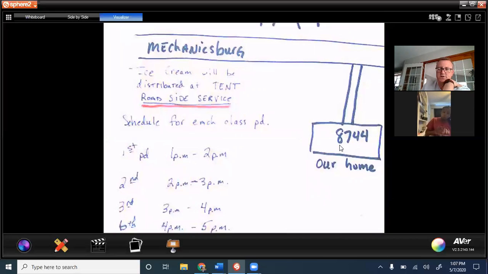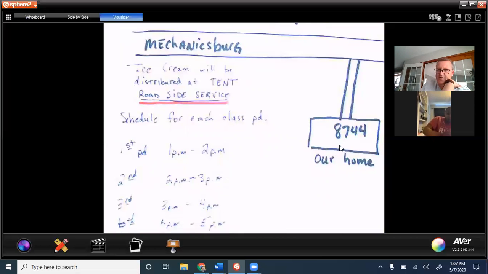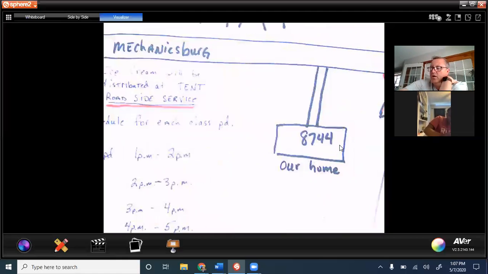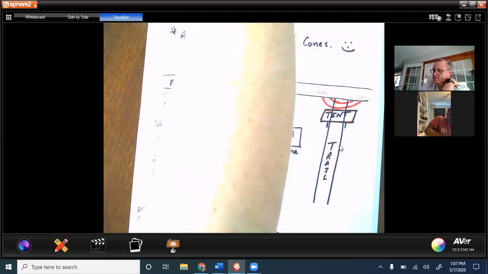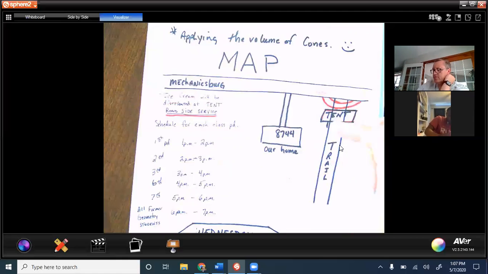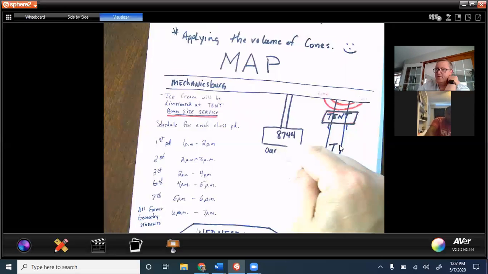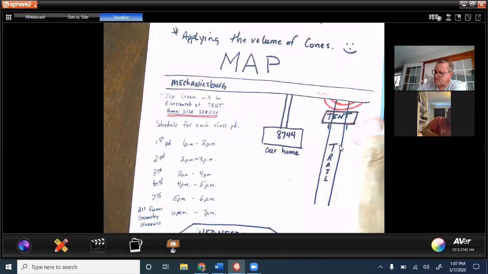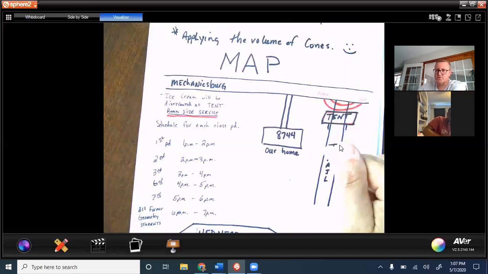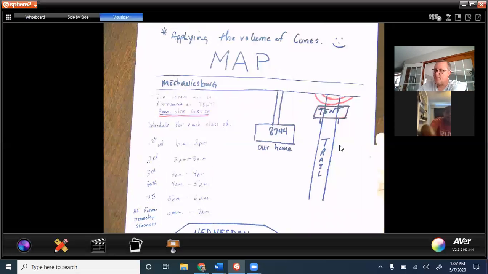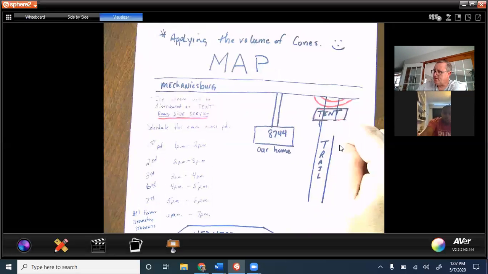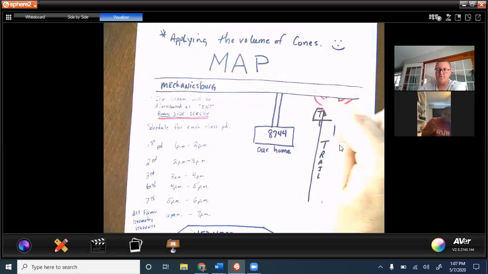So what we're going to do is, by class period, have a setup for a drive-through. If you look, this is where we live, Mechanicsburg Road. There's our home. And there's a space over here where my finger is, which is a trail where we'll set up a tent, kind of like a drive-through right here. We'll have it set up so that you can drive through.